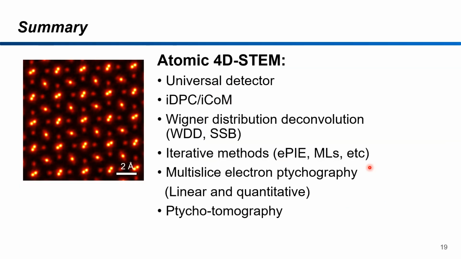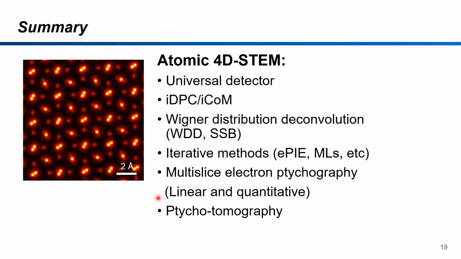So here comes my summary. I mainly covered atomic scale 4D STEM, and we can do many different phase reconstruction techniques, and they have different advantages. Here I want to emphasize that multi-slice electron ptychography can work even for thicker samples.